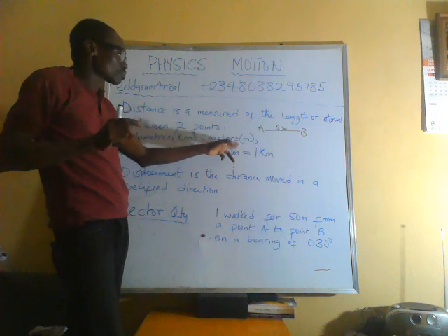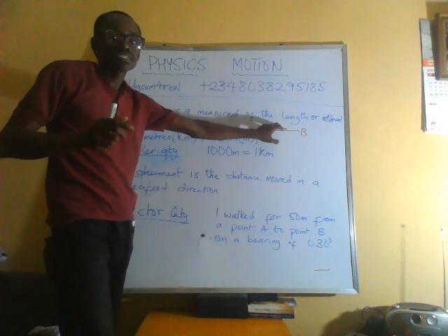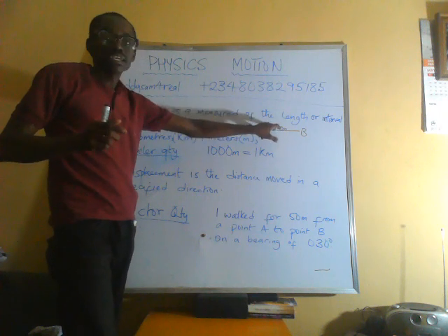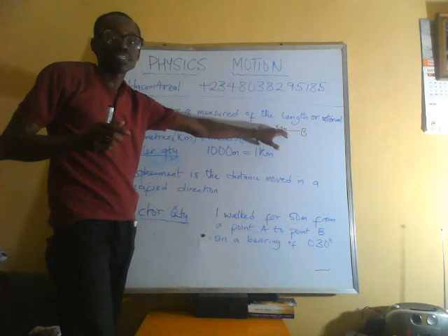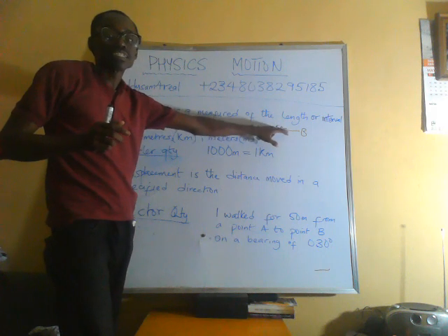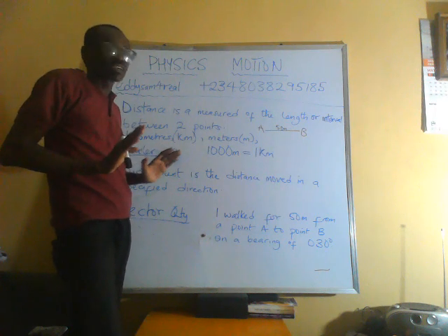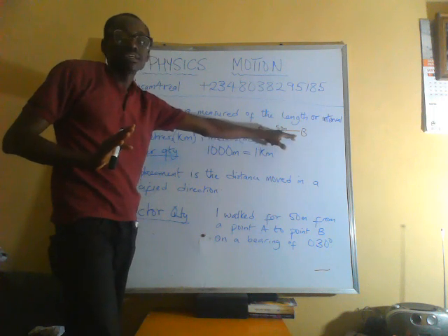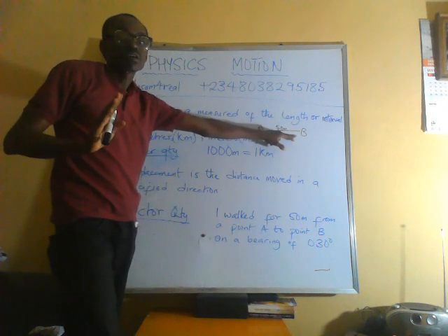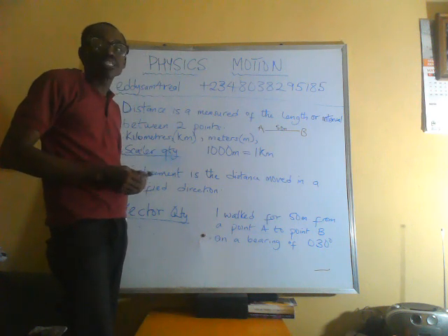In this case, the distance from A to B is 50 meters, where 50 is the magnitude of the distance, while the m, the meters, is the unit. So this is a scalar quantity. There's nothing like the direction in which the distance from A to B is being described.